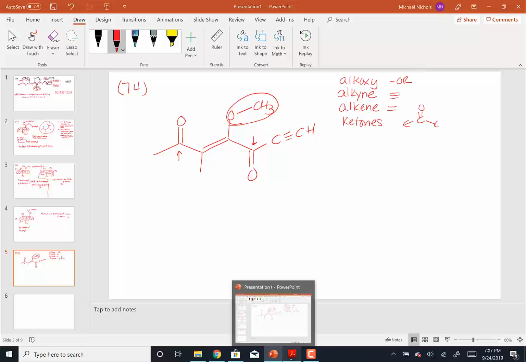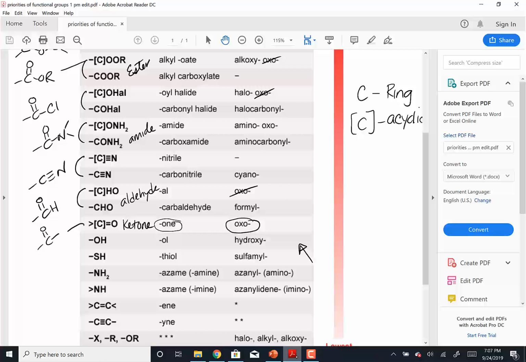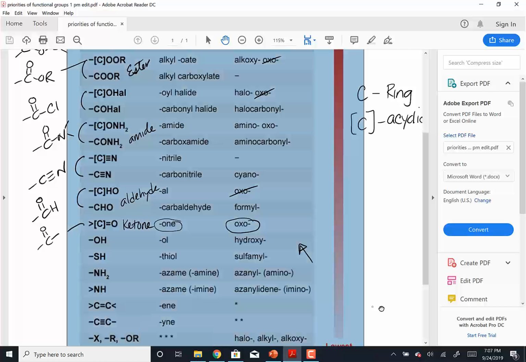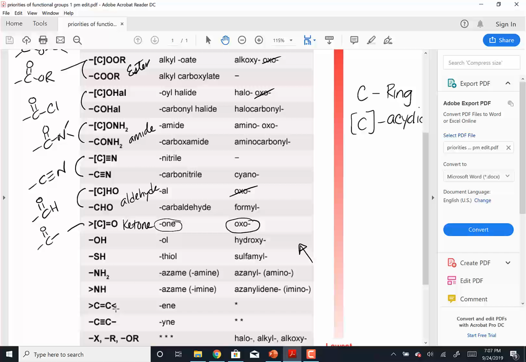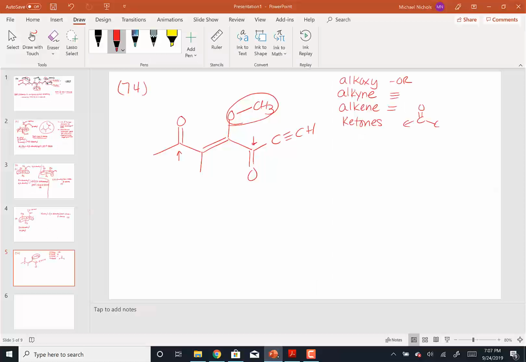So I have to go to my chart to see who has the higher priority, and when I do that, I see that the ketone has a higher priority over double and triple bonds. So it's ketone, then double bond, then triple bond. That's our priority: number 1 ketone, number 2 double bond, and number 3 triple bond.